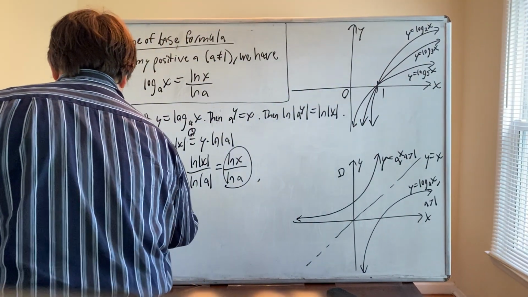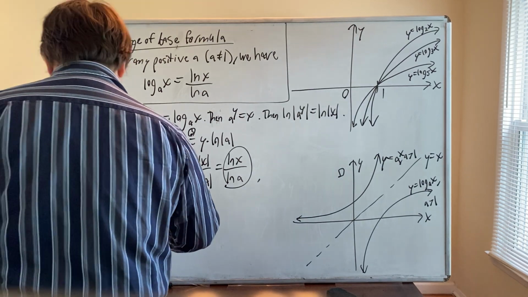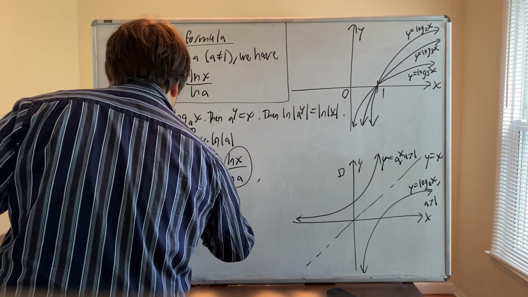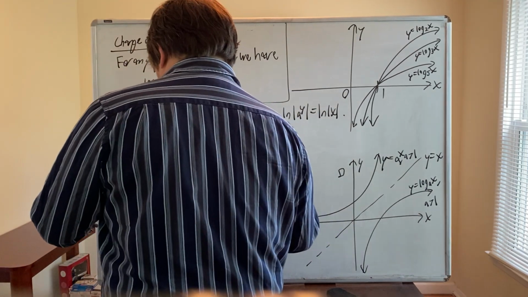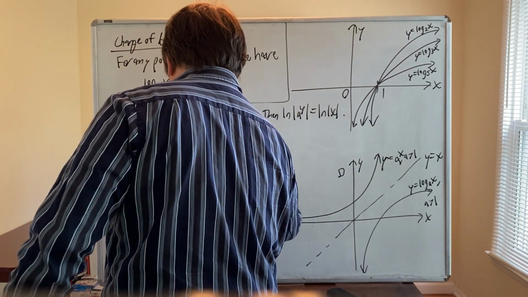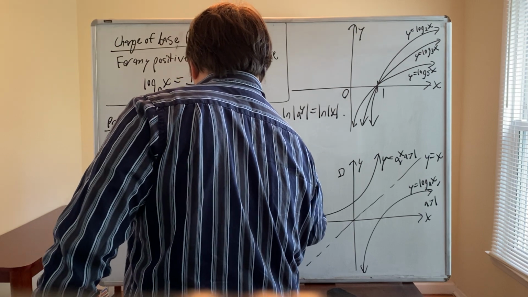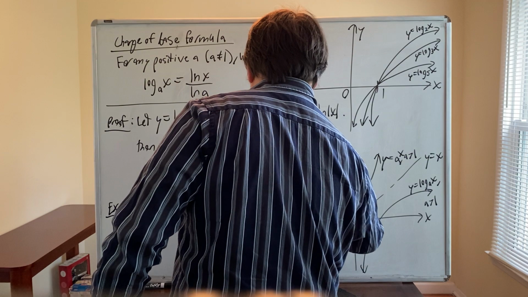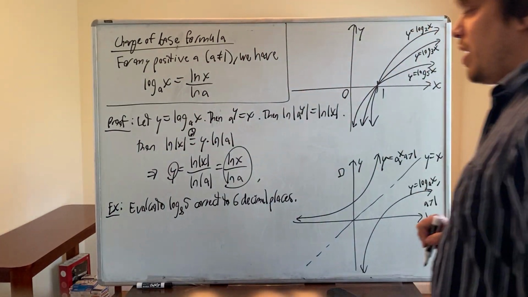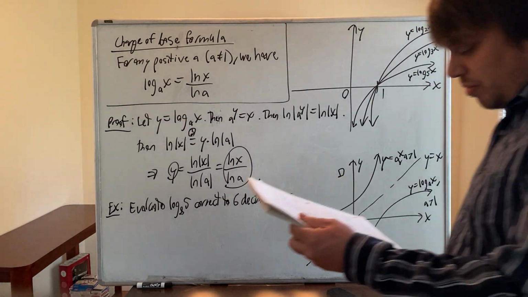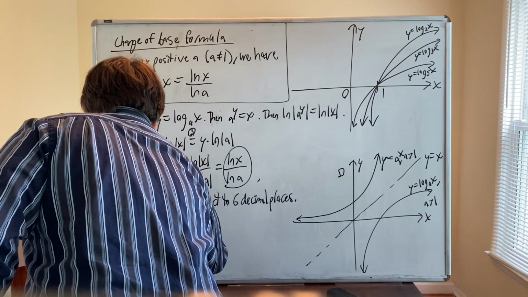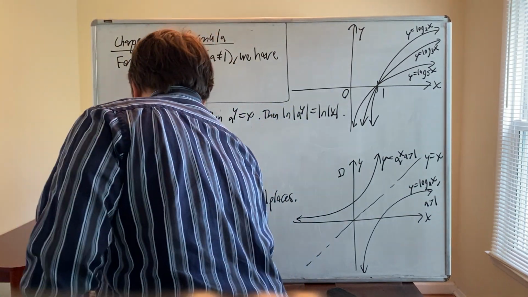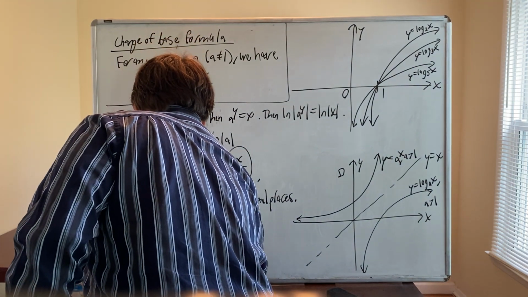Example: evaluate log base 8 of 5 correct to 6 decimal places. Log base 8 of 5 is equal to, by this formula, ln of 5 over ln of 8.